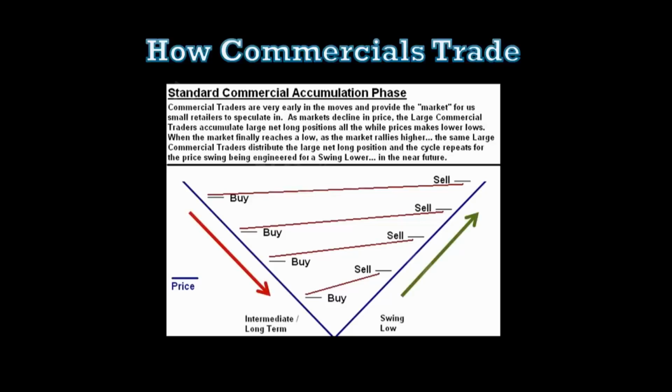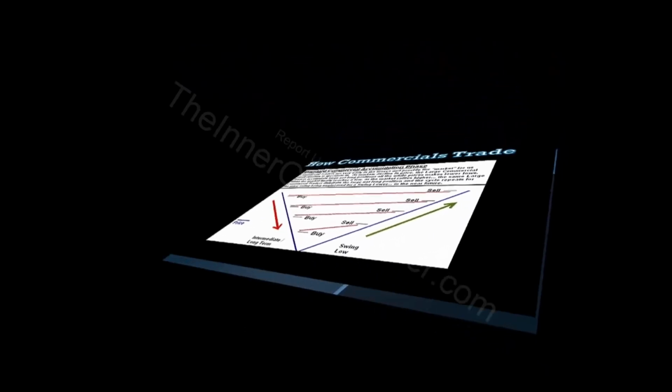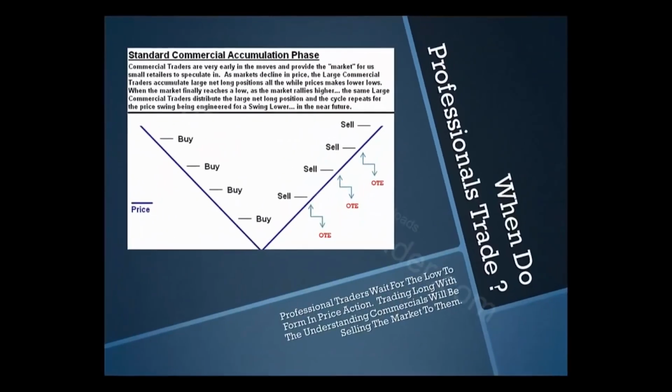So an intermediate term price swing looks like this overall. Now, during the accumulation phase, obviously everything we're showing here is for a market low to be forming.